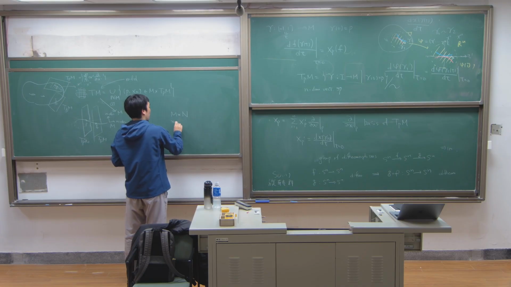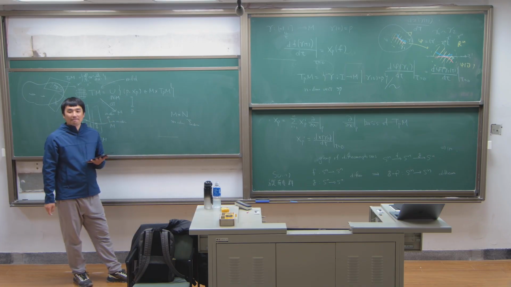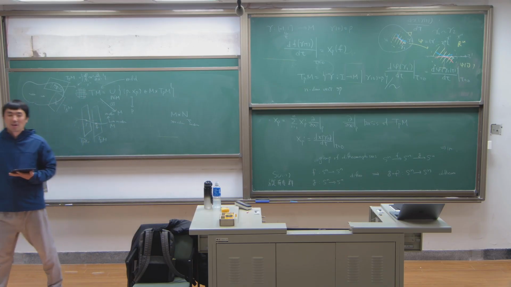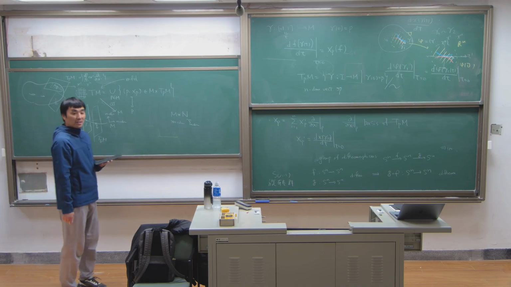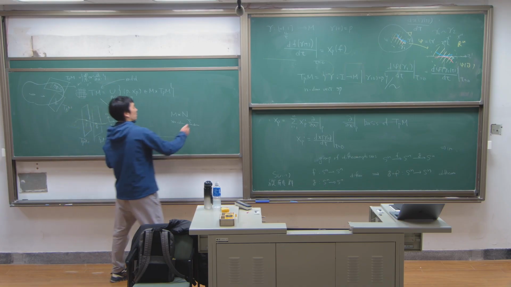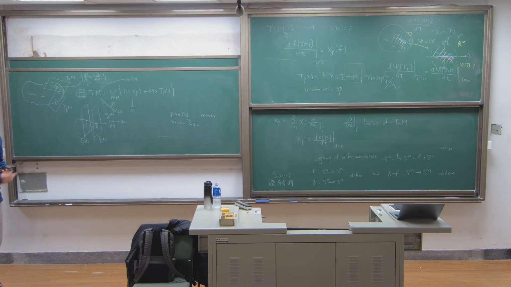An n-dimensional manifold times an n-dimensional manifold. What's the dimension of the product? It's n plus n dimensions in total.